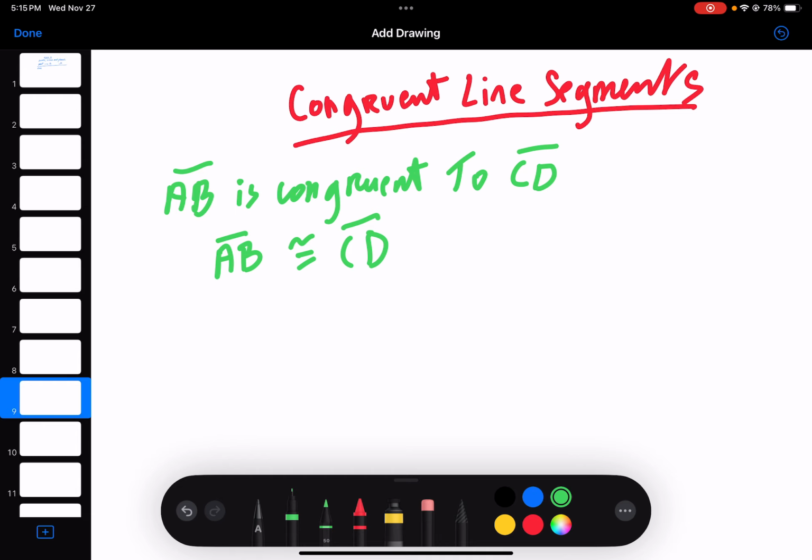And it means the same thing. It's a symbol for congruence. So that just means AB is congruent to CD. All right? So you could read it, line segment AB is congruent to line segment CD. All right?